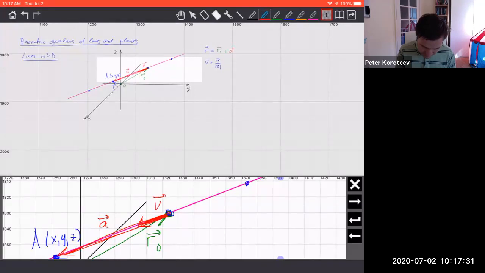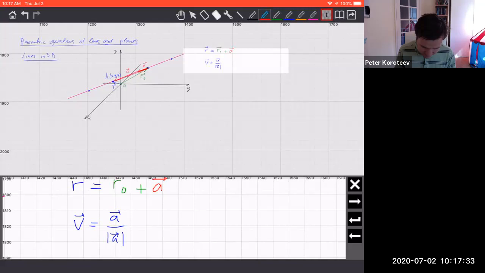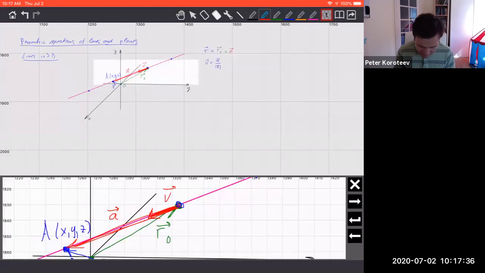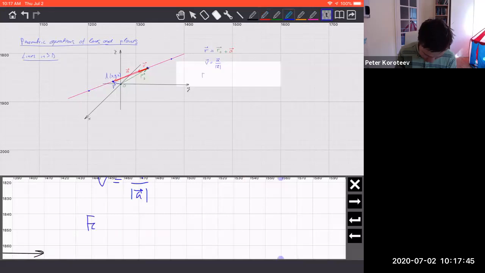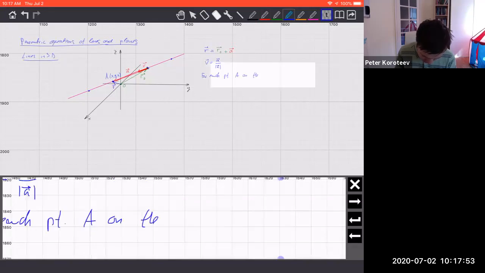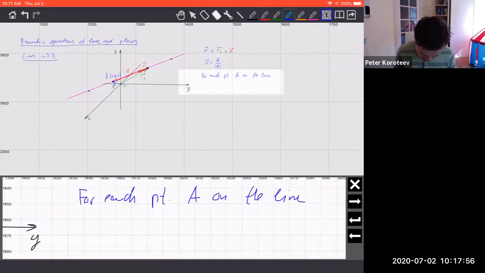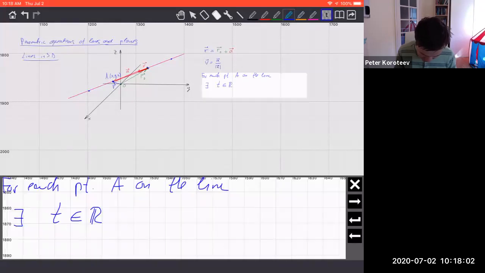And since we know about scalar multiplication, for each point A on the line, there exists some real number t such that this vector a is equal to t times v.